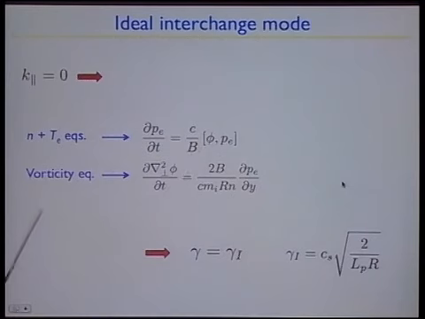And then we have the vorticity equation that for k parallel equal to 0 can be simplified as a balance between the polarization current and the curvature drift. So, we can linearize this system, and one gets that the system is unstable to the ideal interchange mode, whose growth rate is given by this expression, which depends on both the pressure scale length and the radius.